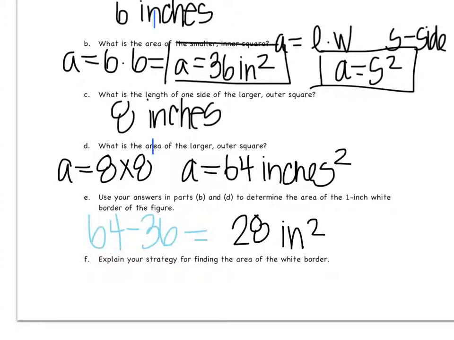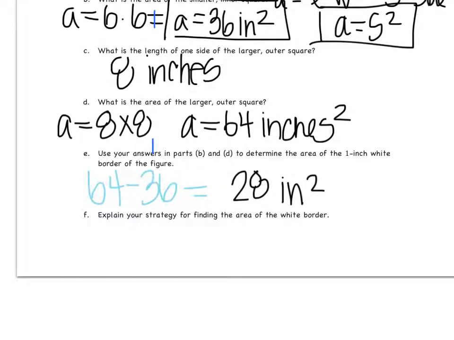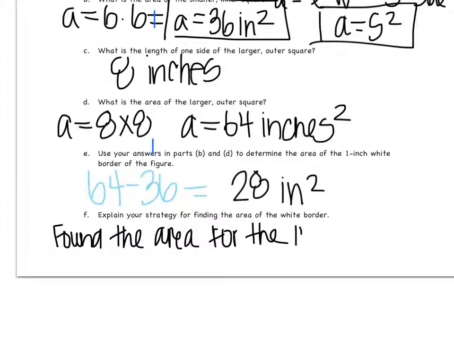So our last step, it wants us to explain our strategy to find the white border. So what I did, I found the area for the inner square. I found the area for the outer square.